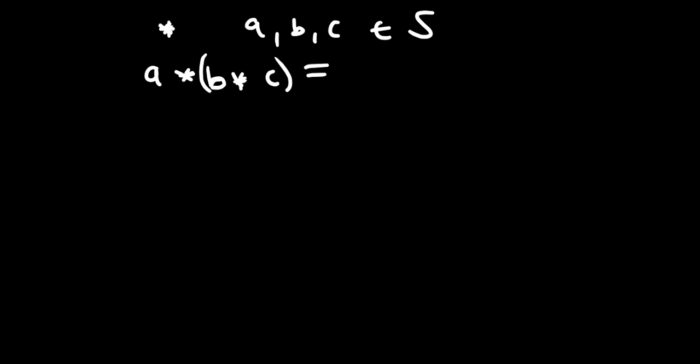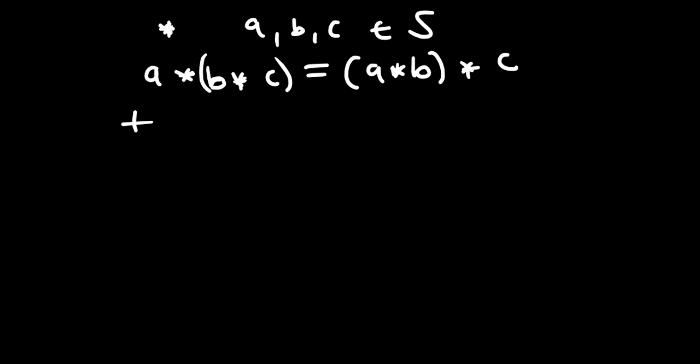The binary operation star is said to be associative if for a triple, let's say A, B, and C being members of the set S, we have A star B, then star C, being equal to A star B star C. When this holds, then we say that the operation is associative.